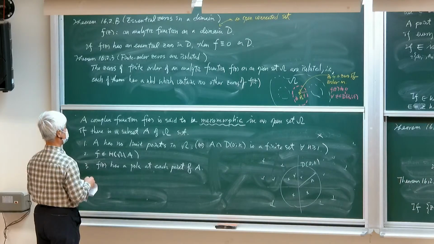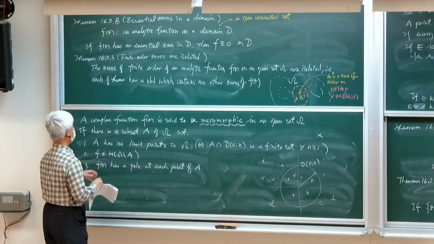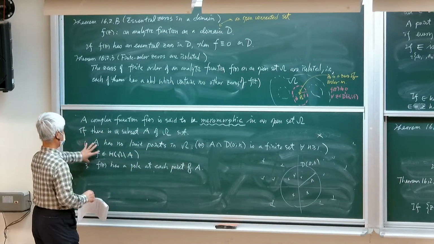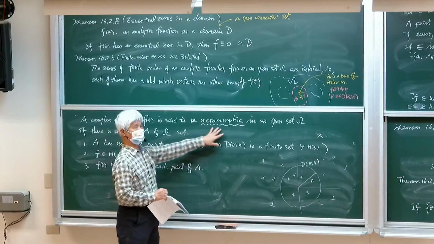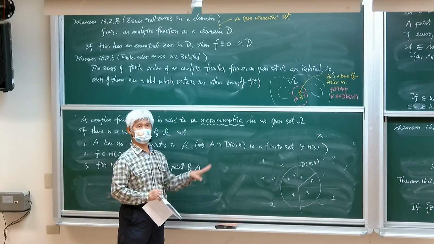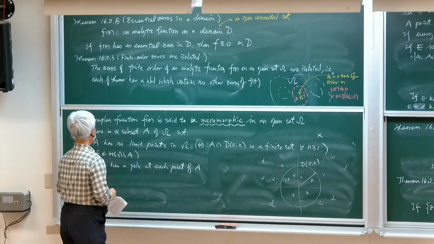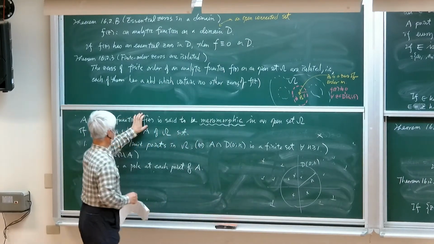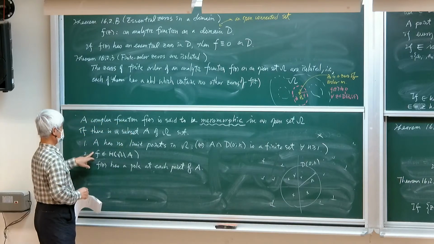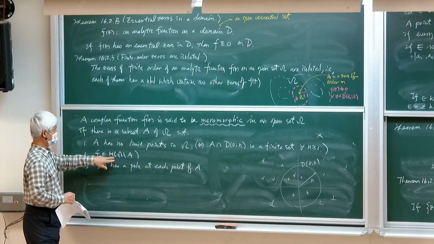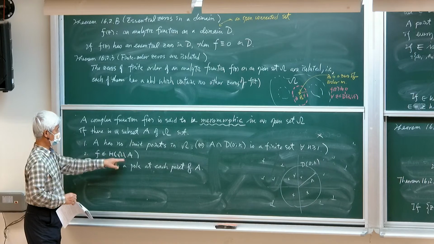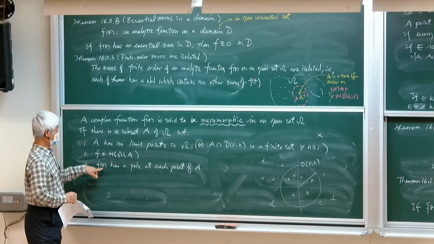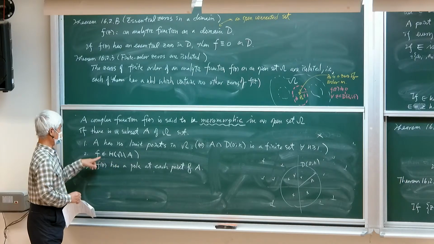Any complex function that has these properties is what we call a meromorphic function. So f of z is analytic in omega minus A, and at each point of A, f has a pole.